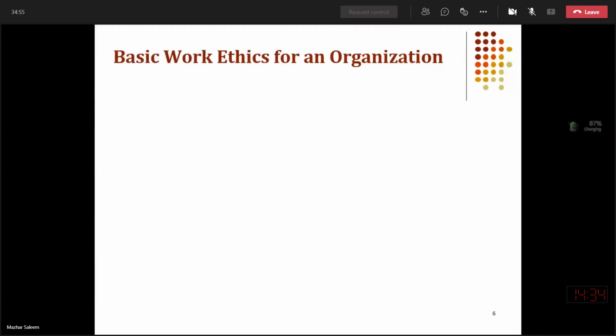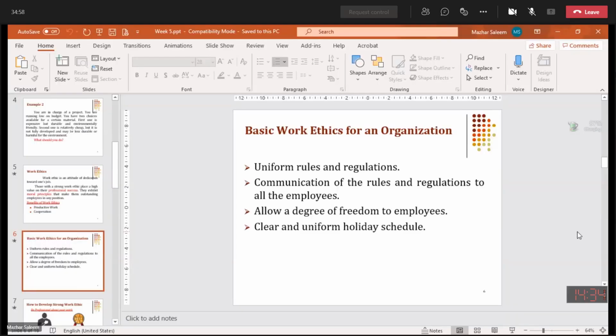Sir, is overtime bonus work ethic or not from an organization? In our country, in a lot of organizations, they don't give overtime bonus. There are some organizations, especially in the private sector, which, if they call their employees on the weekend, give salary of 2 days for 1 day of work.